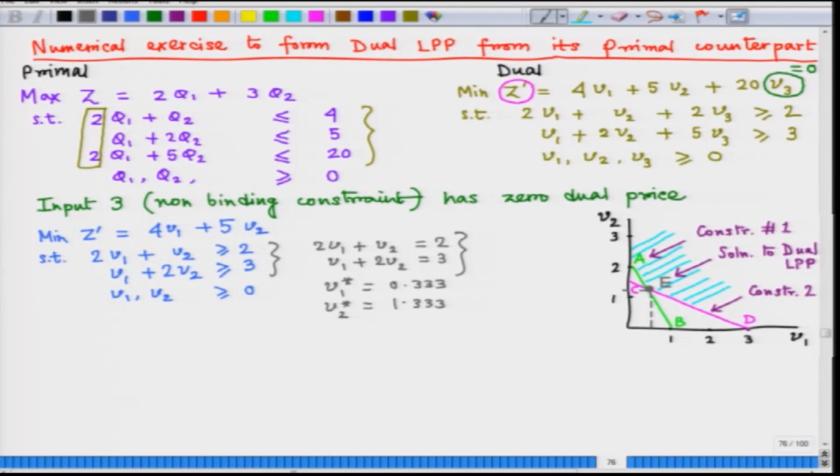So, now if I plug this V1 star and V2 star in my dual objective function, then I get the optimized value of this objective function z prime star, which is 8. So, I get the same solution. So, this is basically the solution to the dual problem.